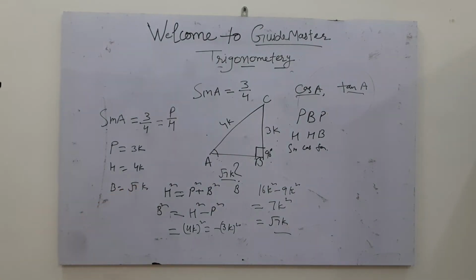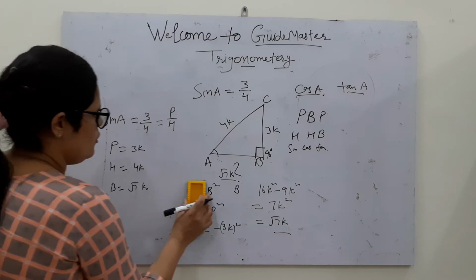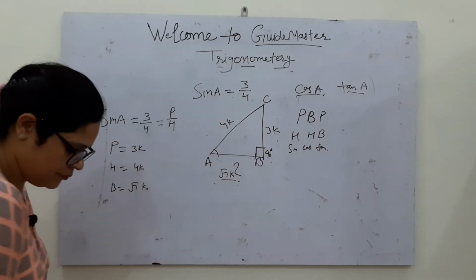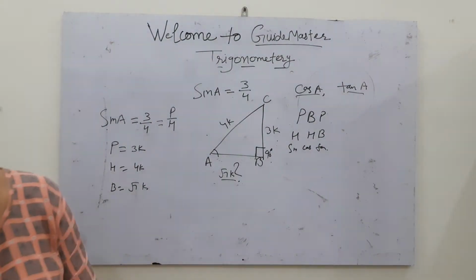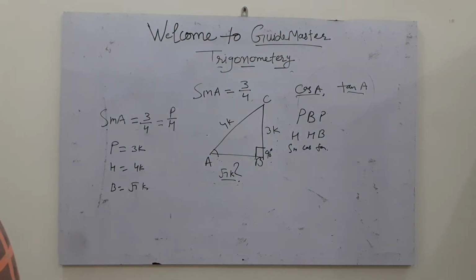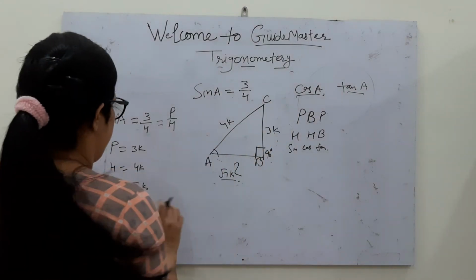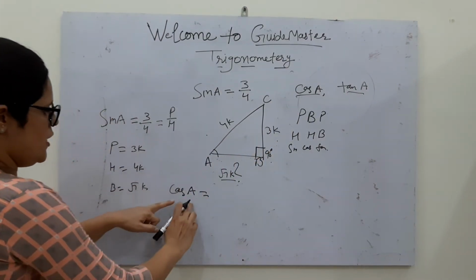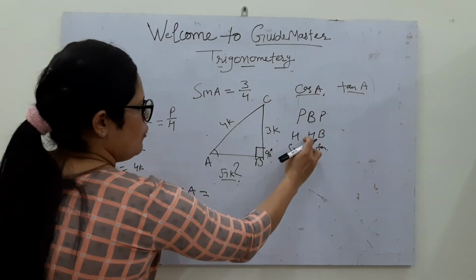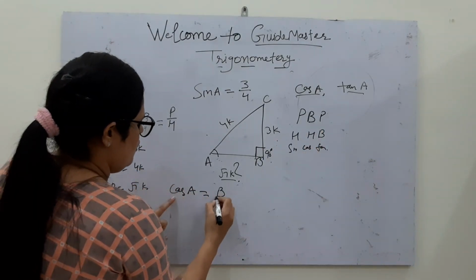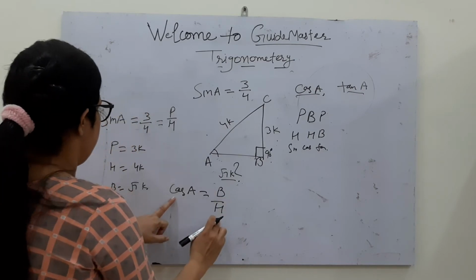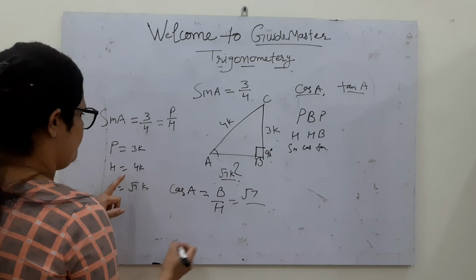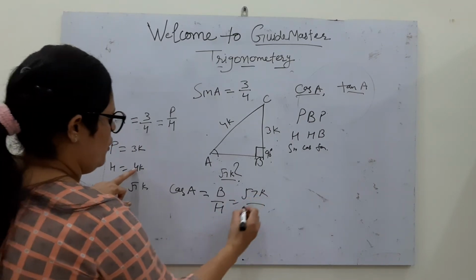So now we have to find cos A, and cos A is equal to B upon H. B is under root 7k and H is 4k.